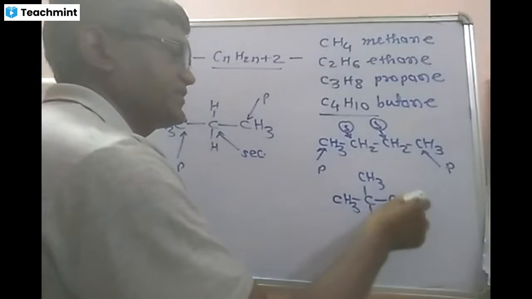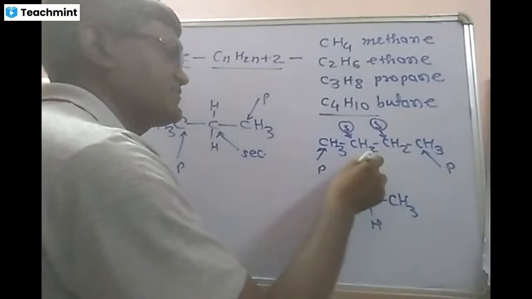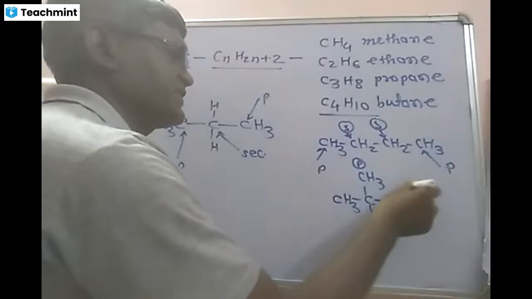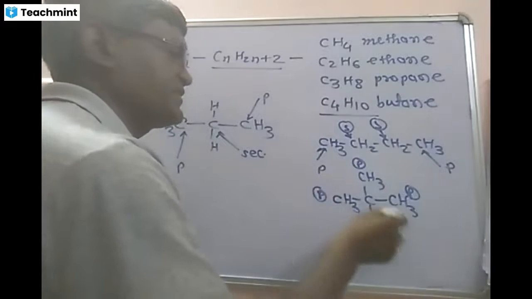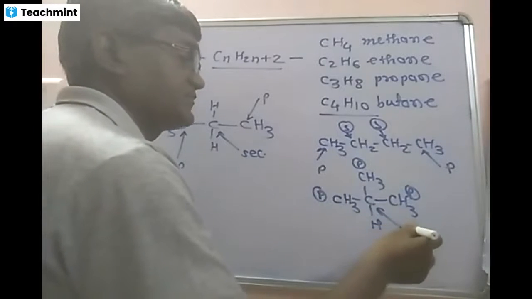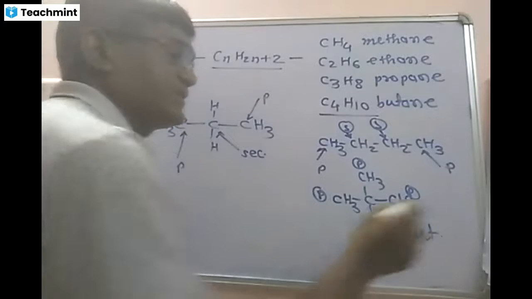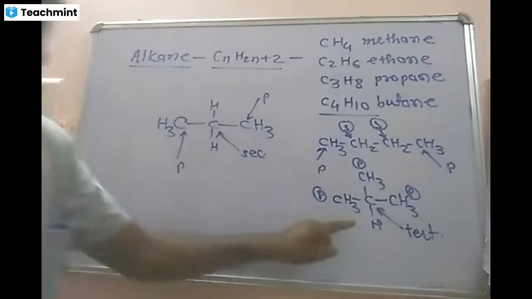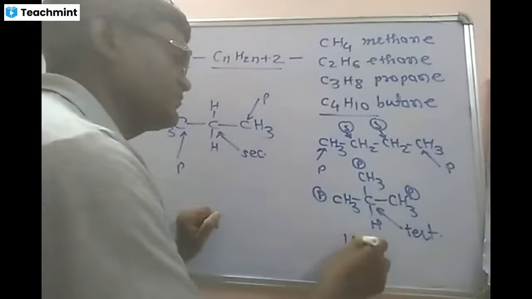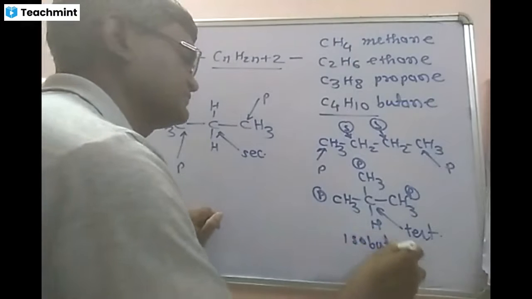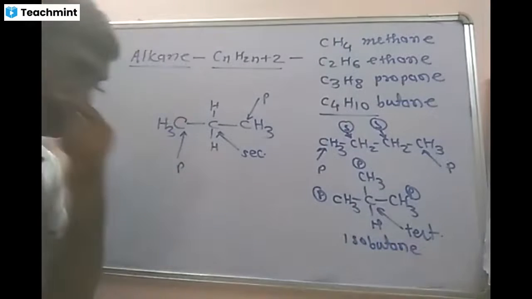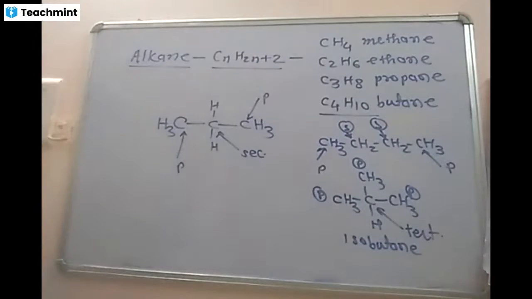If I write like this, 1, 2, 3 and 4, then you will find that this is your primary carbon, this is primary, this is primary, but this will be your tertiary carbon. This type of structure is isobutane.